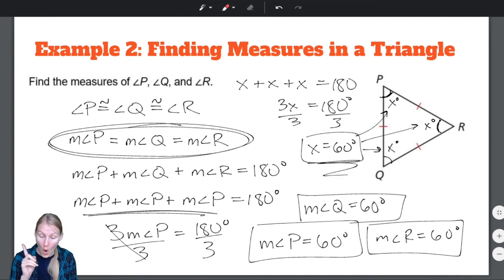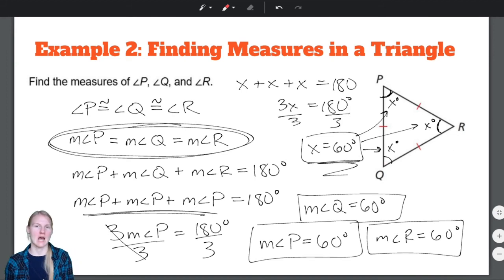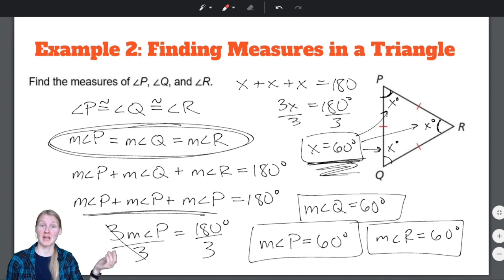Because the angles of a triangle always have to add up to 180 degrees. And if they're all the same, the only way for the angles to be the same and add up to 180 is if they're 60. And if you don't believe me, try to find another number that, if all of the angles were that number, they'd still add up to 180 degrees.